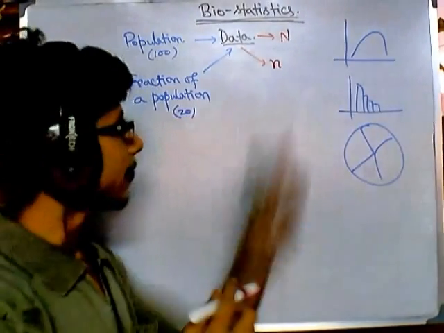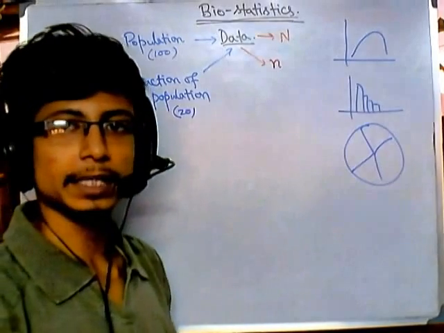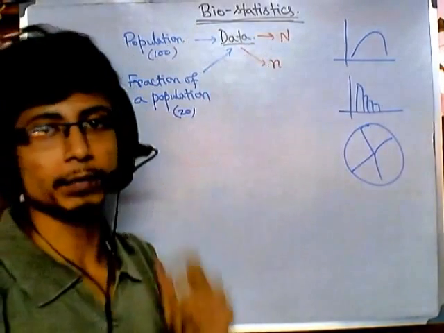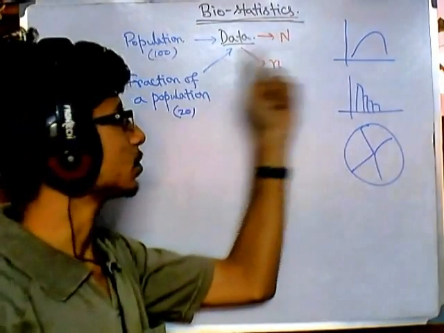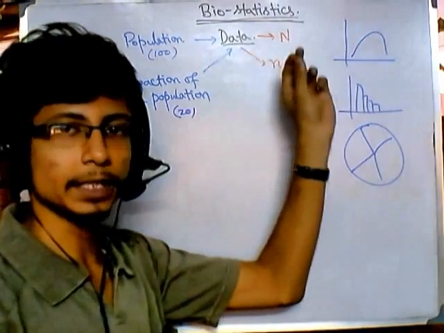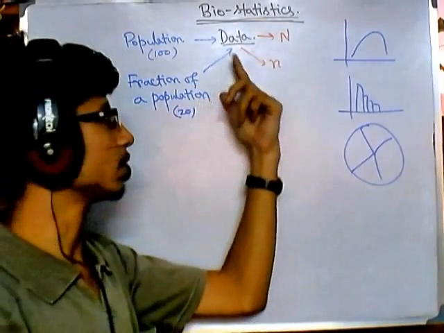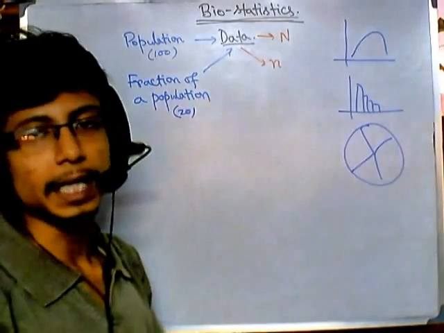And not only n, but also the different parameters you are going to see for the whole population and the fraction vary. The whole population is always denoted with capital letters, and the fraction of the population is always denoted with small letters.